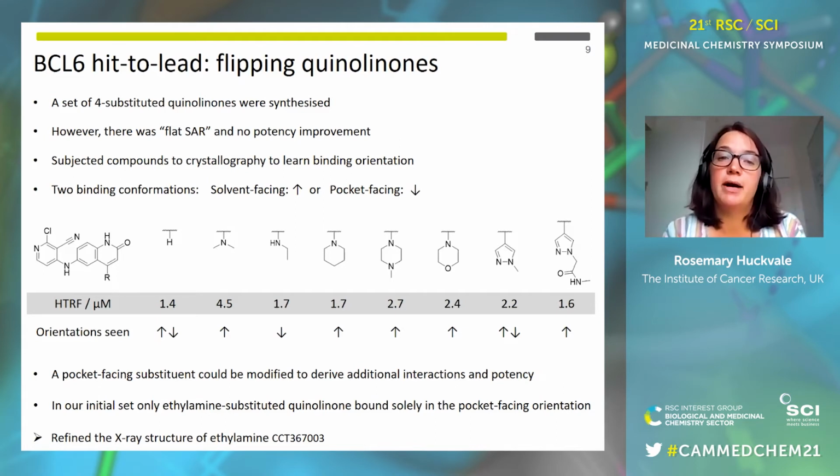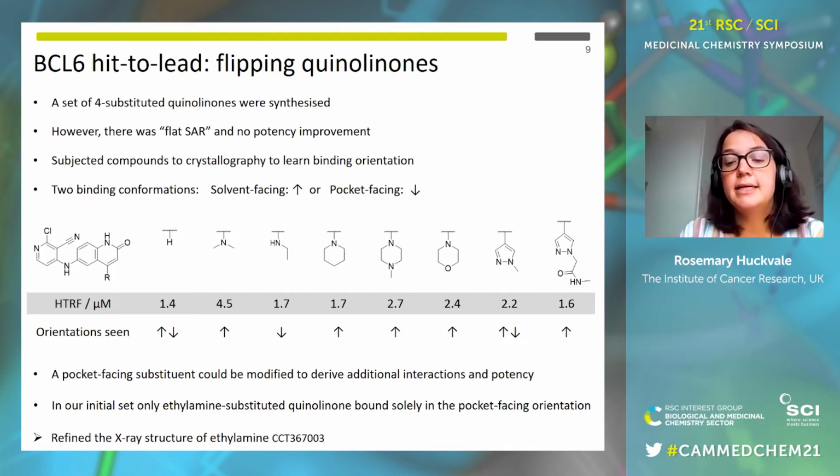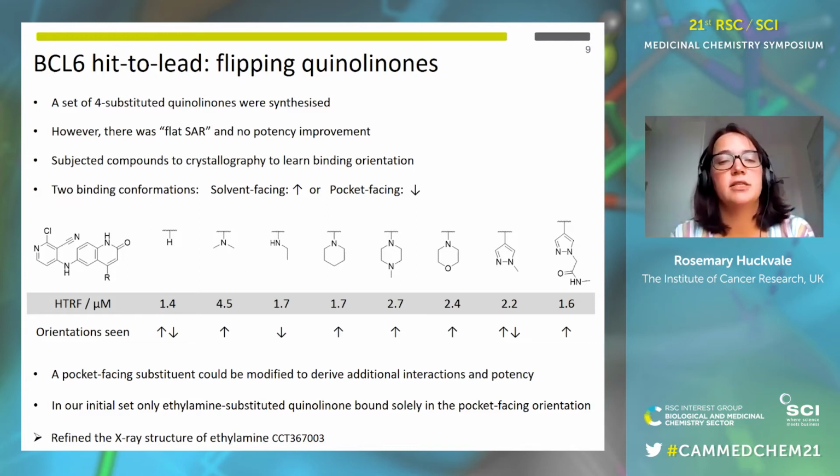We subjected these compounds to crystallography and looked specifically for whether there was ligand density in the extended pocket, so that we could come up with an idea of whether there were solvent-facing or pocket-facing orientations. With the unsubstituted compounds, I've already shown you there were both orientations seen, and actually the ligand density for both was essentially equal, showing there was no preference for one over the other.